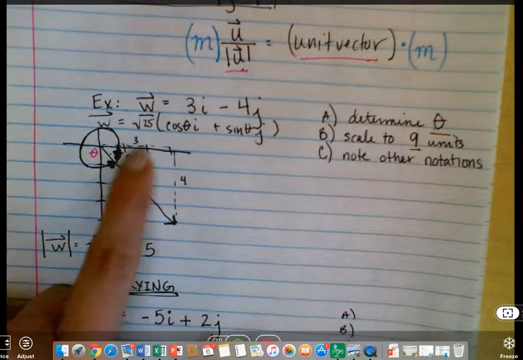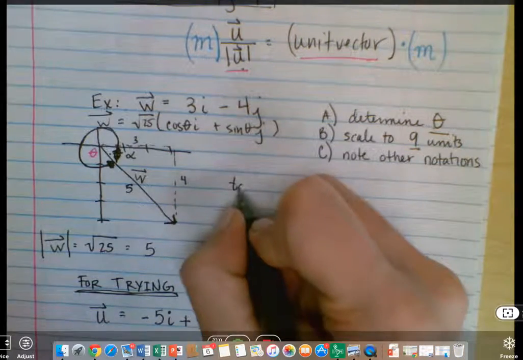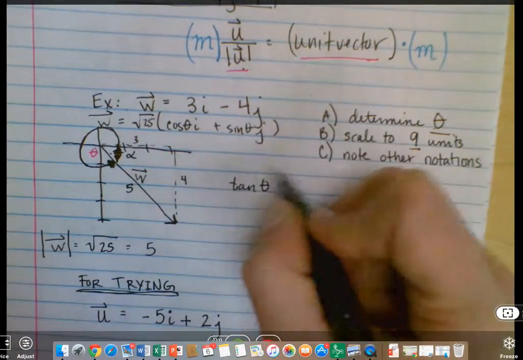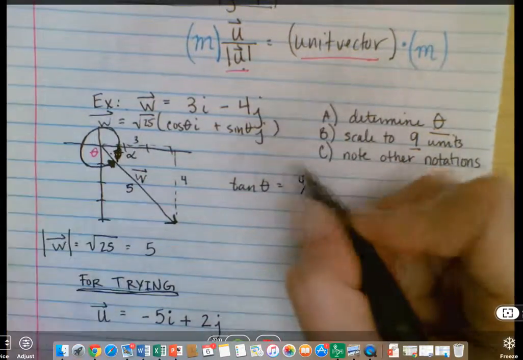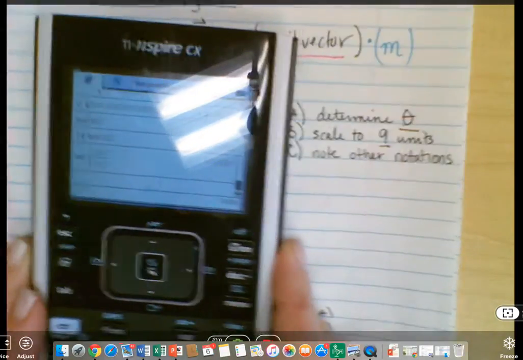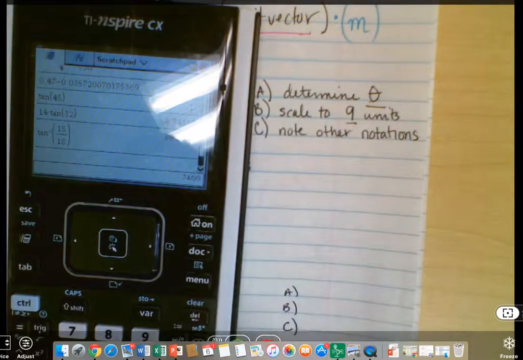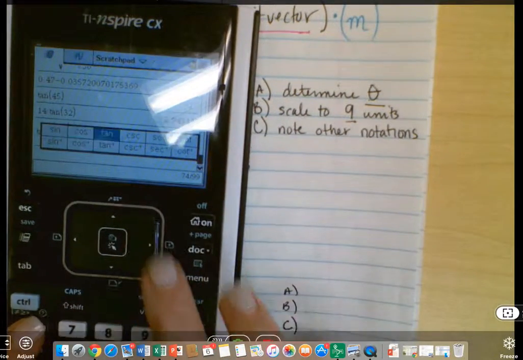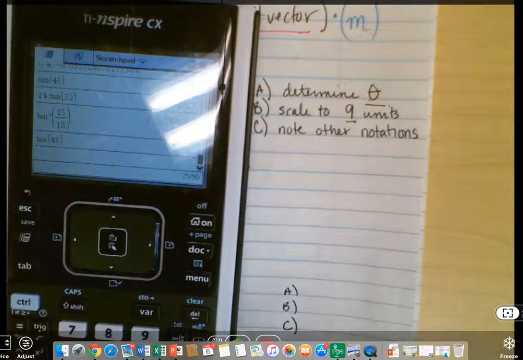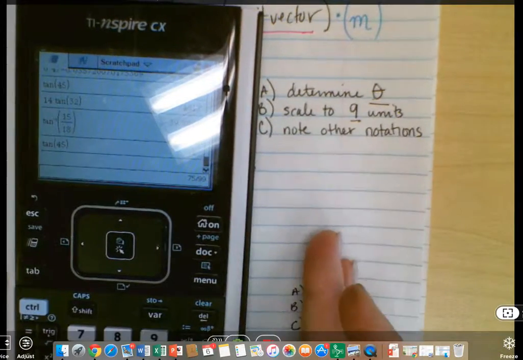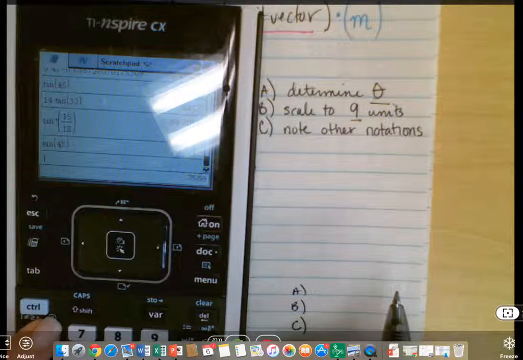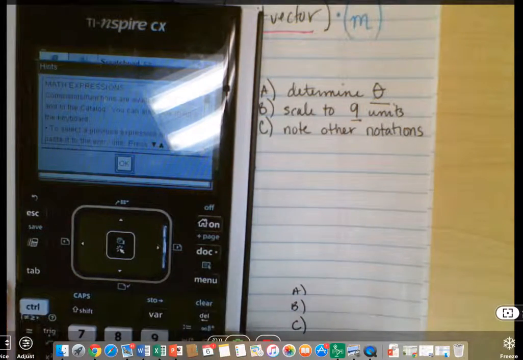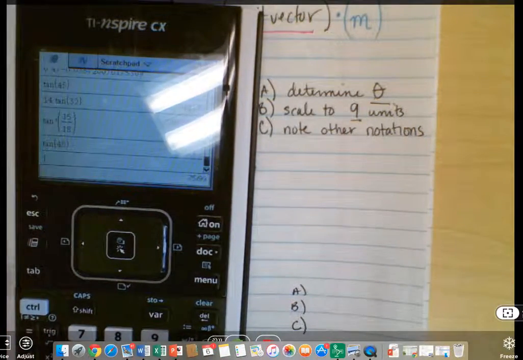Okay, so 3, 4, 5, so we're going to do tangent of theta, opposite over adjacent, 4/3, and grab my calculator. Let's say tangent 45 really quick. I'm in degree mode, so my answer is going to be in degrees. I didn't mean to do that, escape.